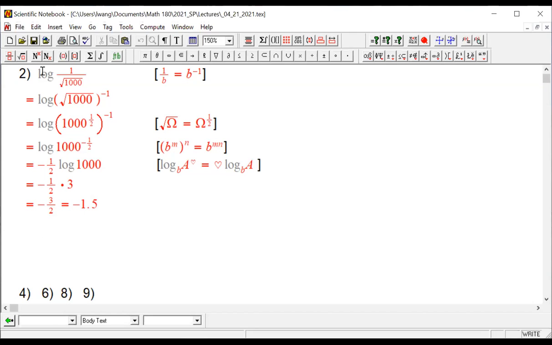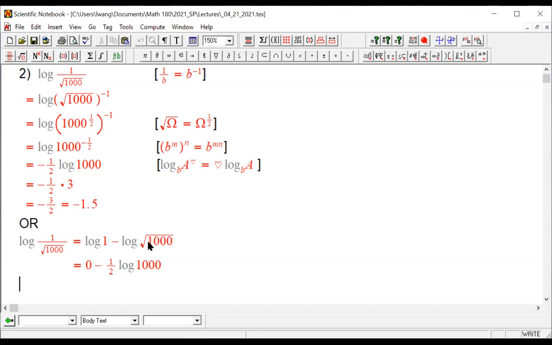For example, I can take this one. I can use a quotient rule, can I? Yeah, I can use a quotient rule. If I use a quotient rule, of course this is 0, and I can bring out the half. That's log 1000, right?